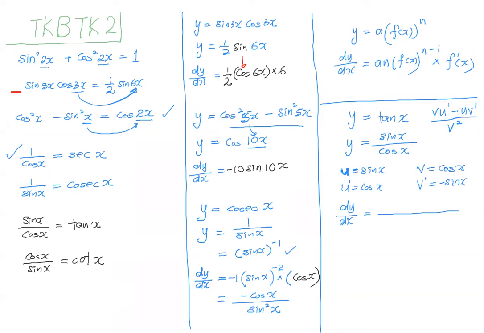Cos x times cos x minus sine x times minus sine x, divided by cos square x. Thank you.